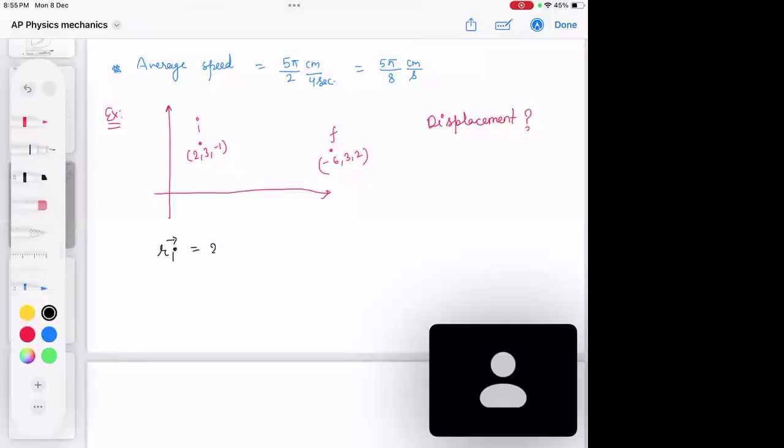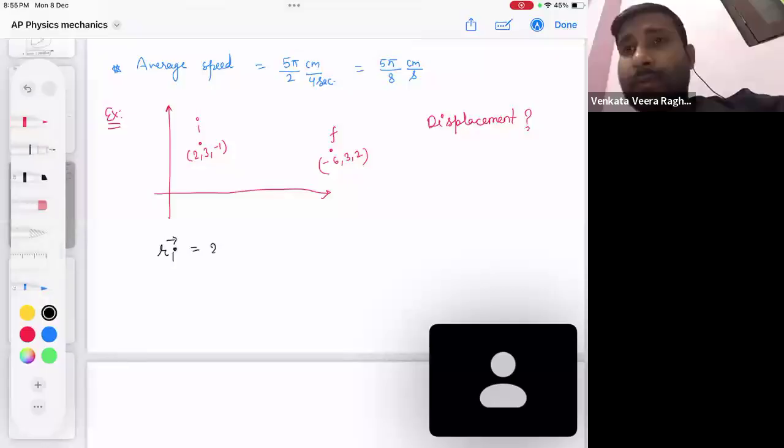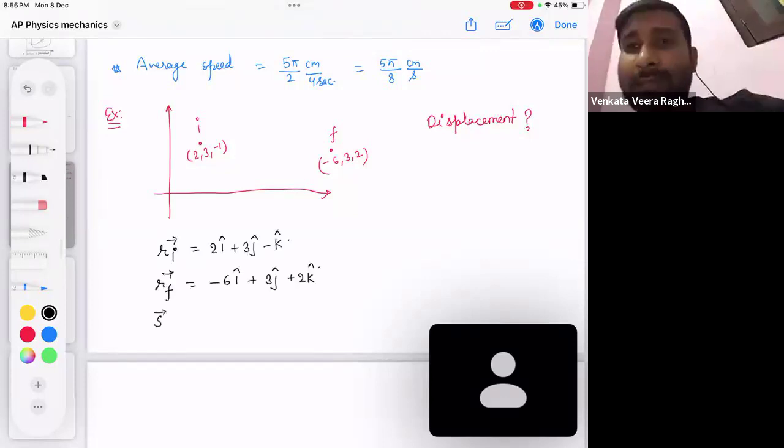Yes, sir. The coordinate we have converted into the vector form. And what is going to be the final position vector? Minus 6 i cap plus 3 j cap plus 2 k cap. So now we want the displacement vector: final position vector minus initial position vector.